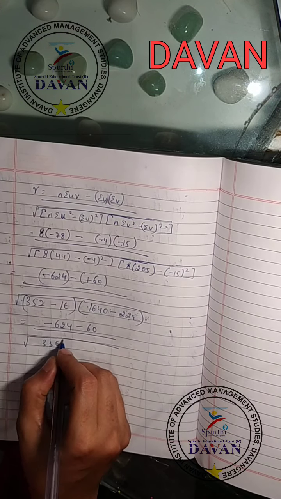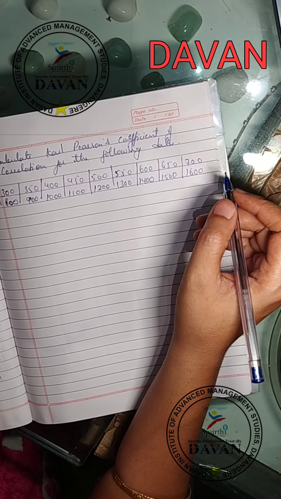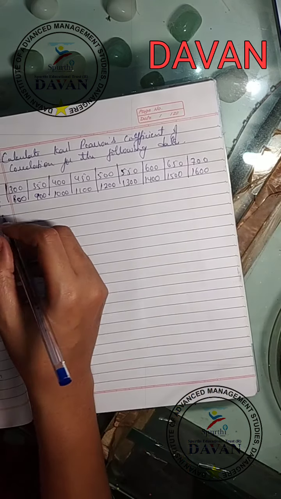Now I'll be doing this problem with the previous problem approach, that is in terms of u and v.